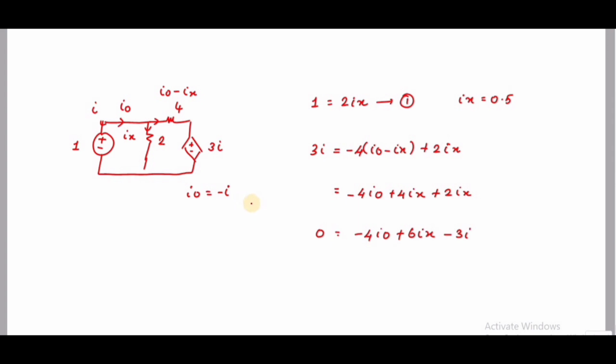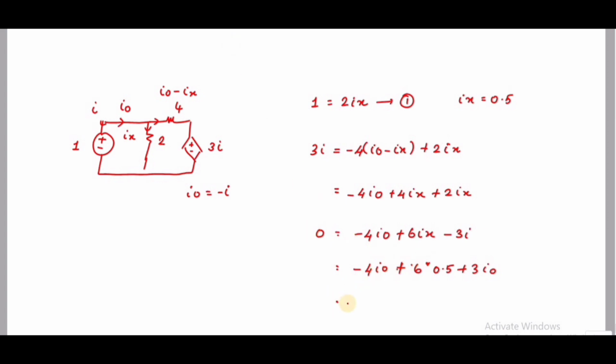Minus 3i, right? So we know that I naught is equal to minus I and Ix is equal to 0.5. So if I substitute, I will get 4 I naught plus 6 into 0.5, right, plus 3 I naught, right.